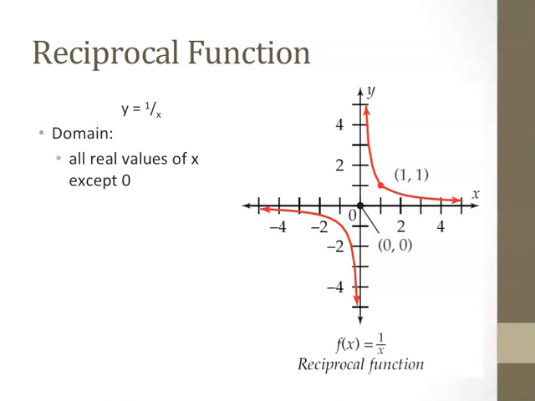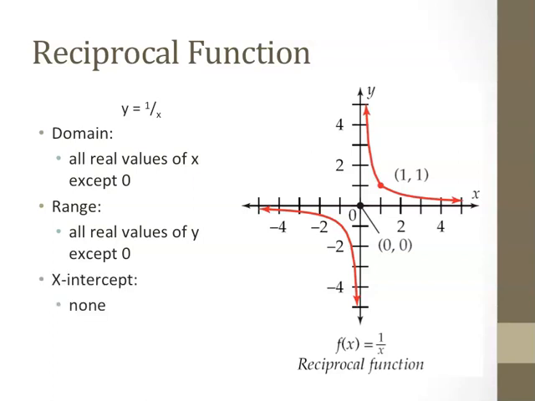Similarly, if you look at our graph here, the range can be anything except for 0. You'll notice that in both cases, the graph gets very, very close to, but never actually reaches 0. So you'll notice that this graph never actually touches the x-axis, and it also never actually touches the y-axis. So in terms of x-intercept and y-intercept, there are actually none because they never cross the x or y-axes.